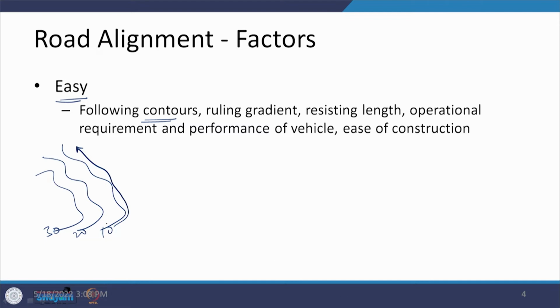Or there may be a possibility that we can move from 10 to 20, not in this form, but in this form, and when we do this, the elevation along the length is being gradually introduced. When this is gradually introduced, it also becomes easier for the driver to traverse.